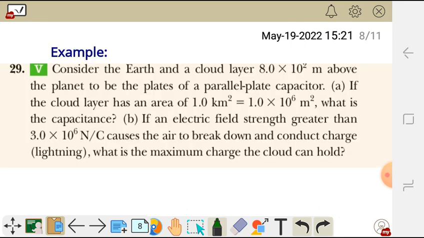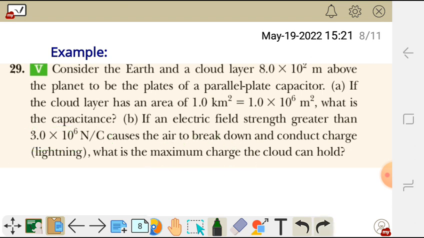So question B says, if an electric field strength greater than 3.0 by 10 to the power 6 newtons per coulomb causes the air to break down and conduct charge, which is the lightning, what is the maximum charge the cloud can hold? So we have been given the electric field and we have been asked to find the maximum charge.